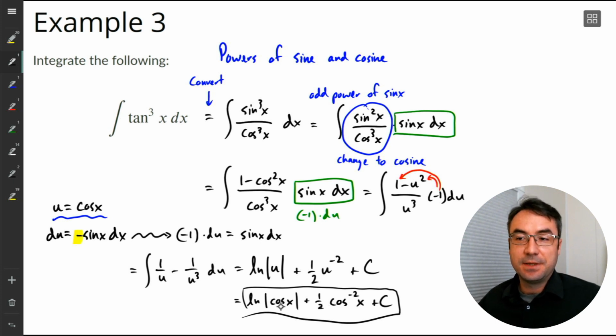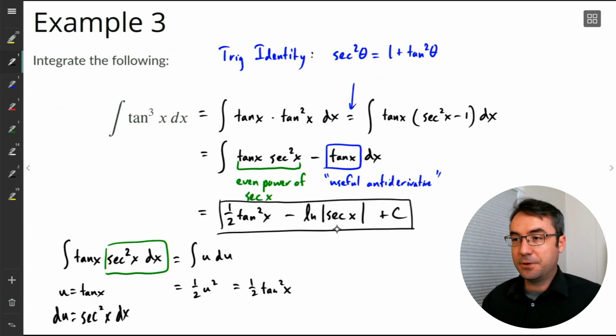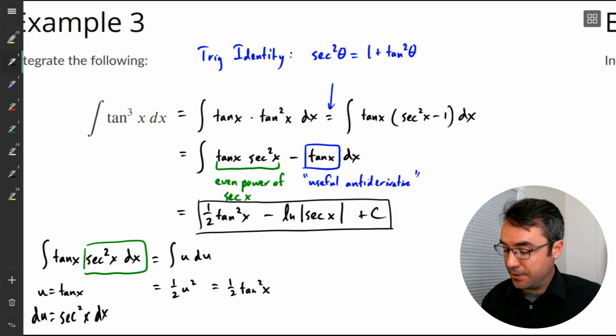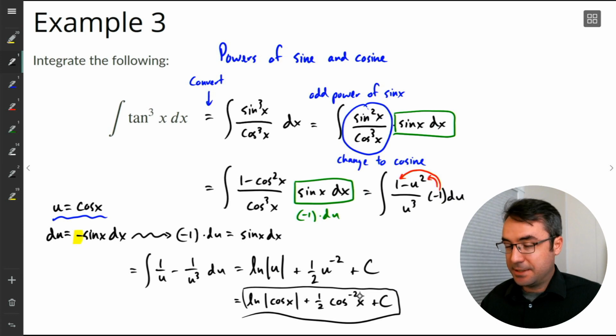antiderivatives. So, we know, going over here, we know secant is 1 over cosine, and we have a log property that lets us handle division inside of the log function. And then we also have an identity that allows us to convert back and forth between tangent squared and, well, cosine x raised to the -2.